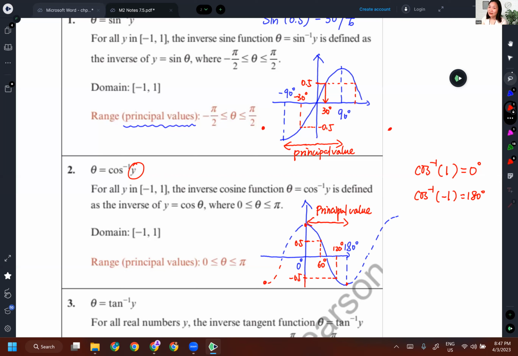I'll just leave it there. If you recall what we did when we solved trigonometric equations, we always used an angle in quadrant 1 as the reference angle, and then used your brain to find all the other solutions. That angle is called a reference angle.